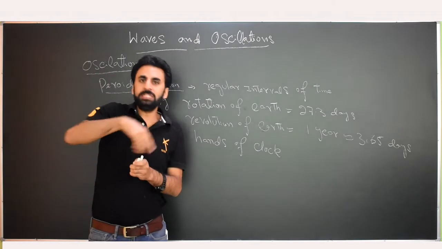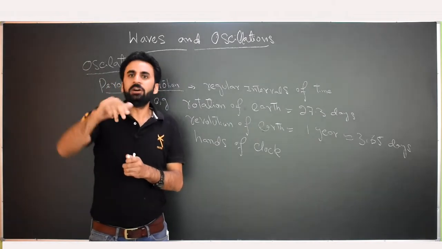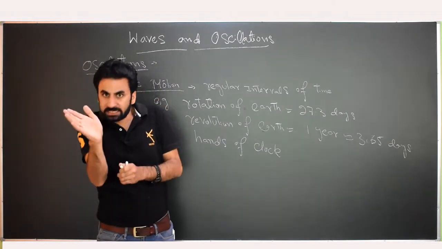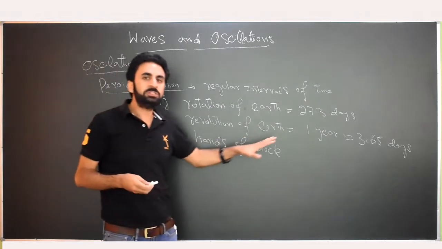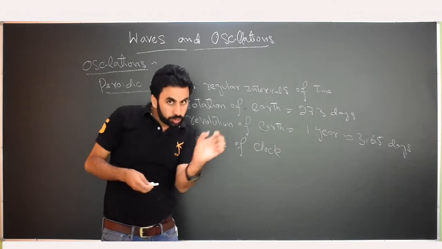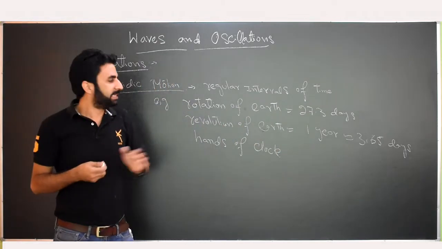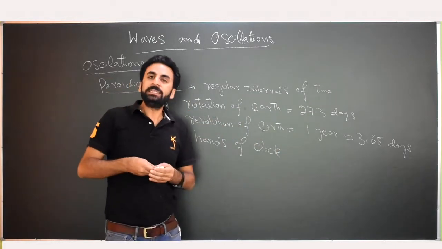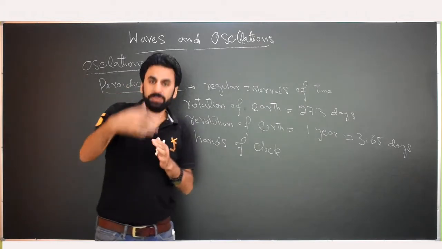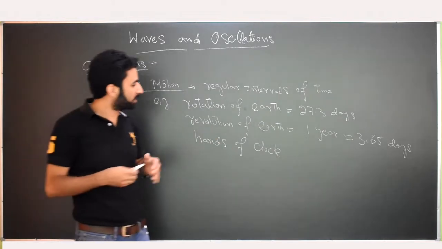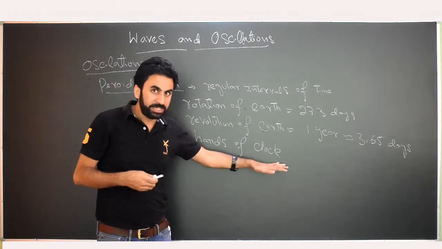After 12 hours, it will again be at the same position. So the motion of the hour hand of a clock is a periodic motion, and the time after which the motion repeats itself is known as the time period. We'll come to that later in the lecture when we define time period.